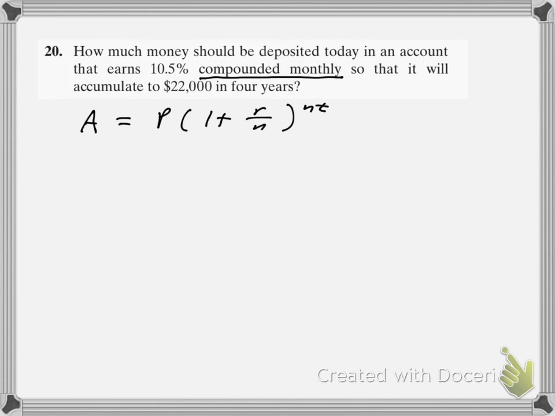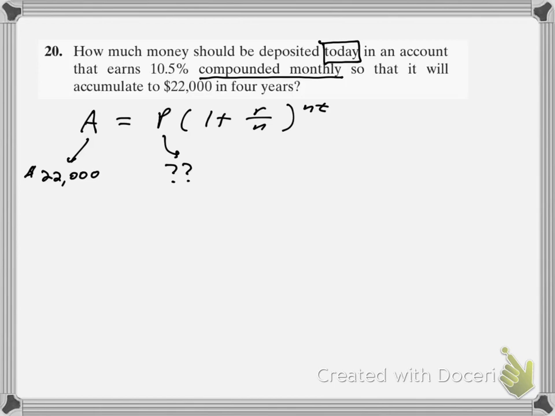So what they give us is A. They know that we want to have $22,000 in 4 years. So that means my future value is going to be 22 grand. That's what I want to have in 4 years. I want to know how much is deposited today. That's my present value. I don't know that. That's my unknown. So today would mean present value. So we're trying to find the present value in this problem.